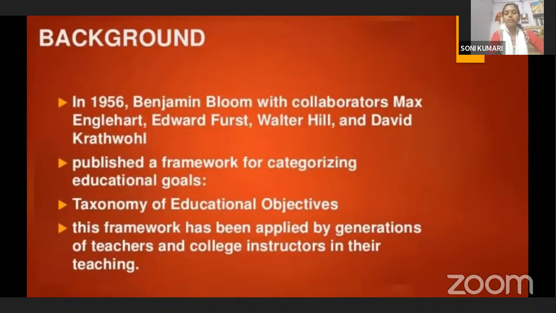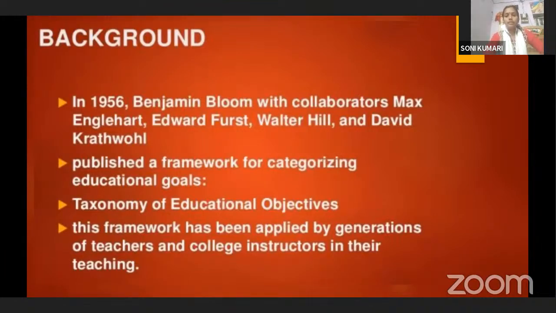Bloom's taxonomy comes from 1956. In 1956, Benjamin Bloom, with collaborators Max Engelhart, Edward Furst, Walter Hill, and David Krathwohl, established models for education.